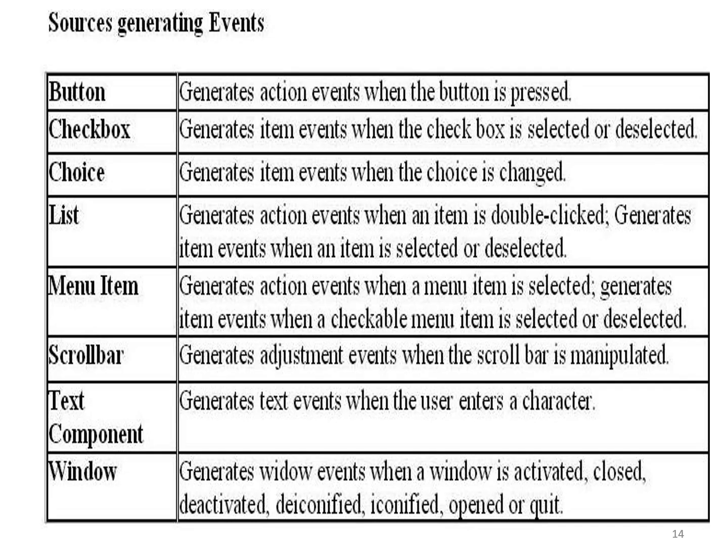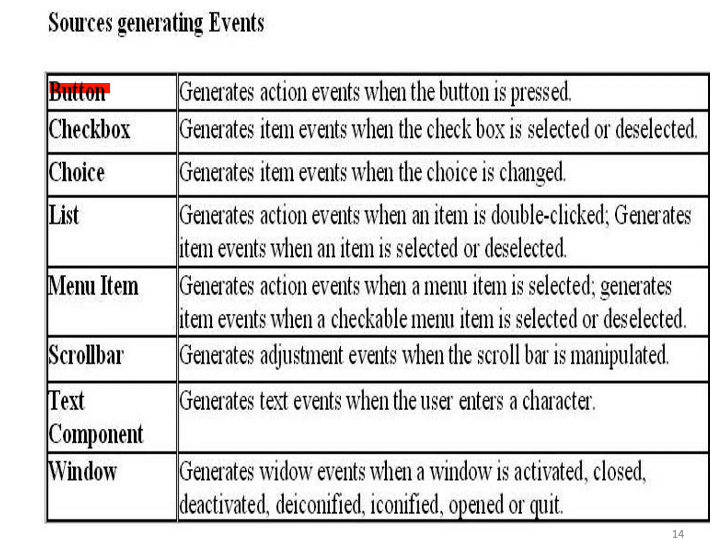So what are the different types of sources? When you talk about the button, because when you write the program, first you can see there is a button, right? The button generates an action event when the button is pressed. Checkboxes generate item events when the checkbox is selected or deselected. Choice generates item events when the choice is changed.